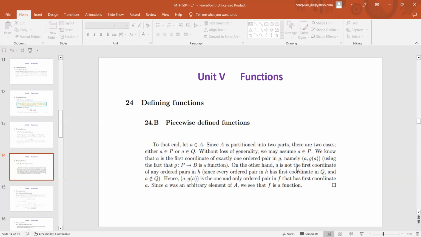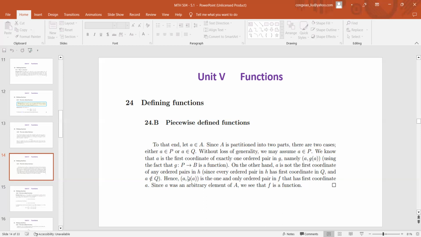On the other hand, it's not the first coordinate of any ordered pair in H, obviously, because a belongs to P, so it's not in Q. H is defined from Q to B, and every ordered pair in H has first coordinate in Q, and a is not in Q. So that means (a, Ga) is the only ordered pair in F that has first coordinate a.